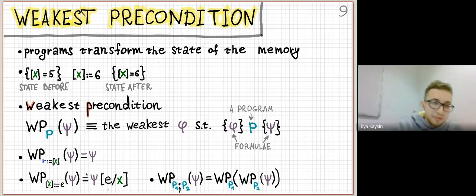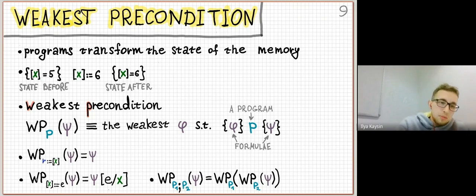But if our program modifies the memory, for example, if it's a write to memory, then we should modify the postcondition. So for example, if we write an expression E to a memory location X, then psi holds after this instruction if and only if psi, where we replaced X with E, held before the execution of this instruction.